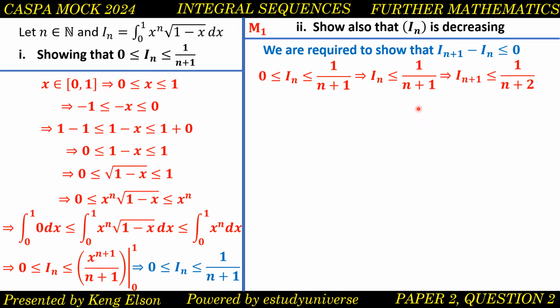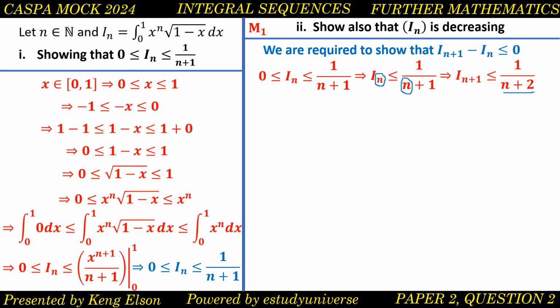Okay, from here I can look for I of n plus 1. So if I of n is less than or equal to 1 over n plus 1, to get where I of n plus 1 lies, I just need to replace n with n plus 1. If I replace n here with n plus 1, I am also going to replace n here with n plus 1. The n plus 1 here we add up with 1 to give us n plus 2.